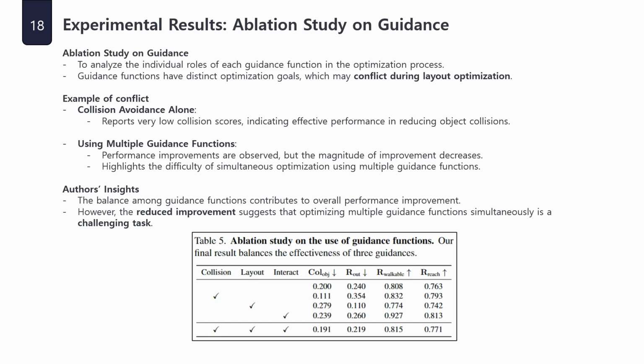However, when other guidance functions are included in training, the improvement in performance becomes less significant. The author mentioned that the balance among the guidance functions contributes to the overall performance improvement. However, given the substantial decrease in the improvement margin, optimizing multiple guidance functions simultaneously appears to be a highly challenging task.